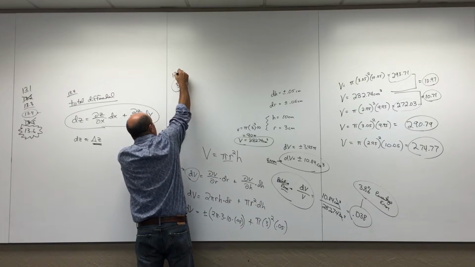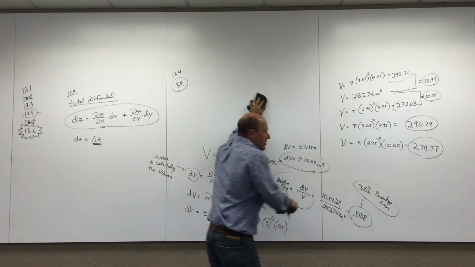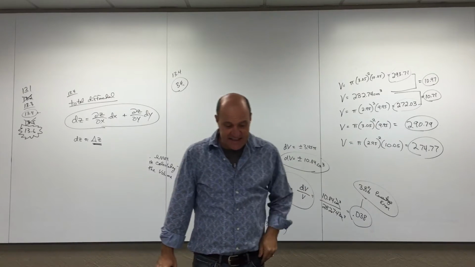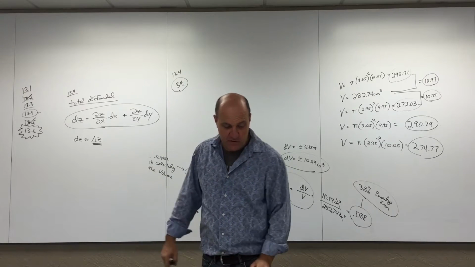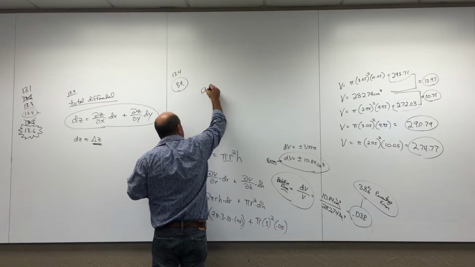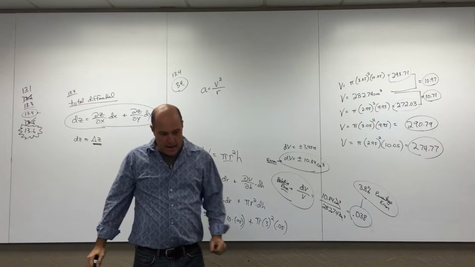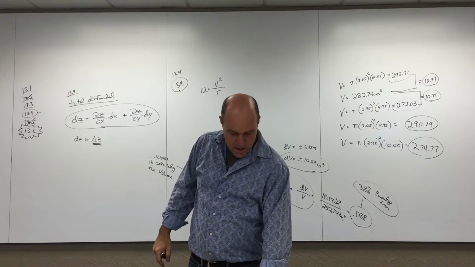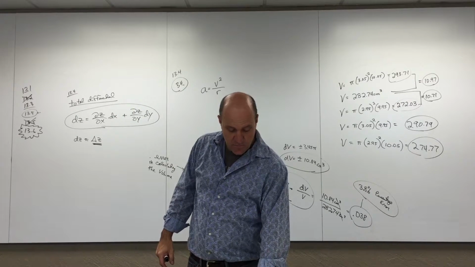In 13.4, number 34 is another good question about error. Let's see what it says. The centripetal acceleration of a particle moving in a circle is A equals V squared over R. A is the acceleration, v is the velocity, r is the radius of the circle.